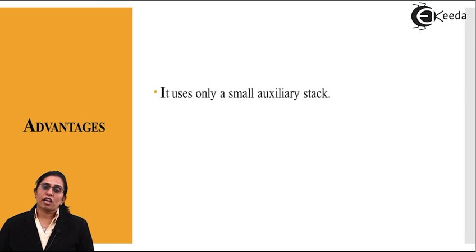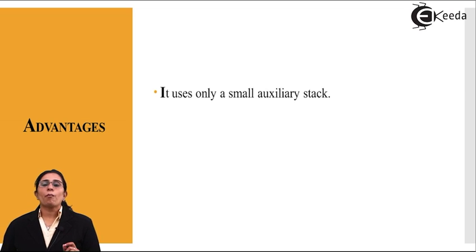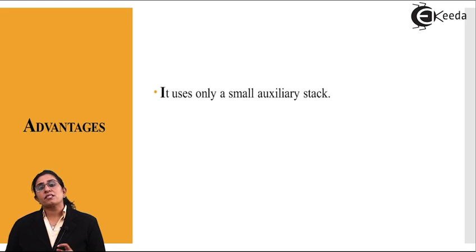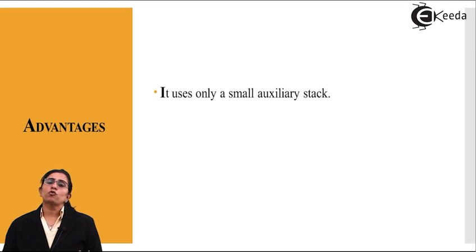The data is exchanged only when the pivot element gets a fixed position, and there is a slight swap of data which happens when we need to exchange the values of left and right. So the auxiliary stack that is used in quick sort is very small. So the space complexity of my quick sort is very low.